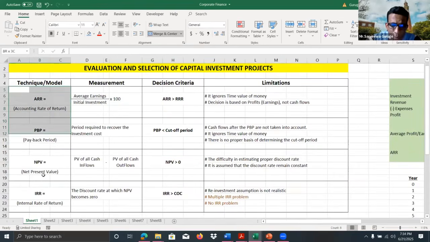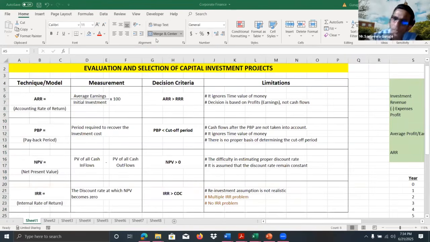In a capital rationing situation, for ranking the projects, out of these four techniques, what are the techniques that we can directly use to rank and compare the projects? Okay, there is one answer, NPV.